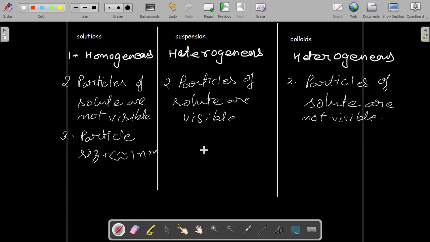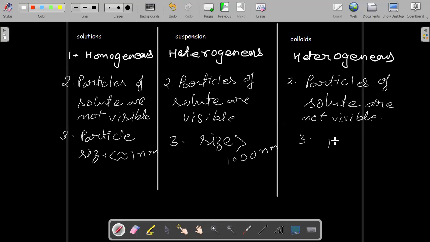For the suspension, the particle size is greater than 1,000 nanometers. And for the colloids, the size is between 1 nanometer and 1,000 nanometers.